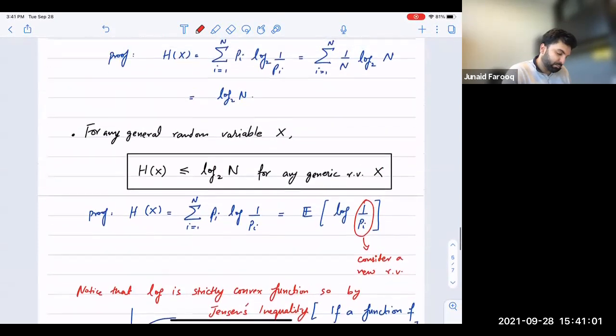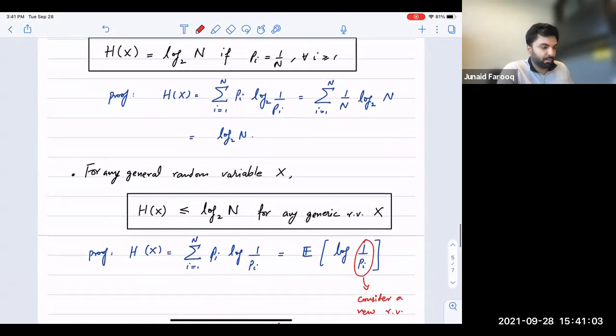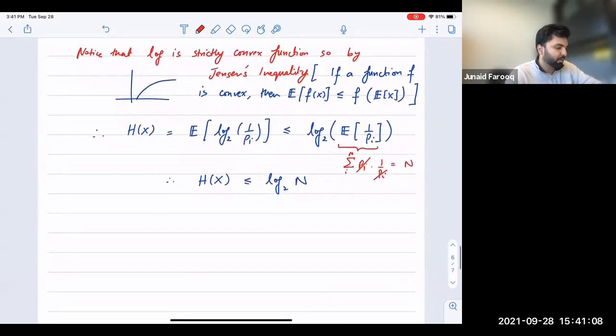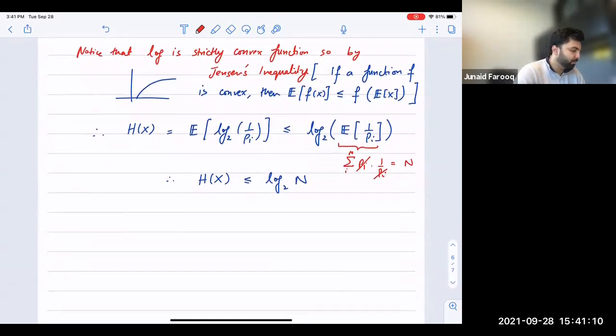Okay, so these are some very critical and important properties of the entropy function that we have just come across. And now I'll give you some examples of how to compute entropy for simple experiments.